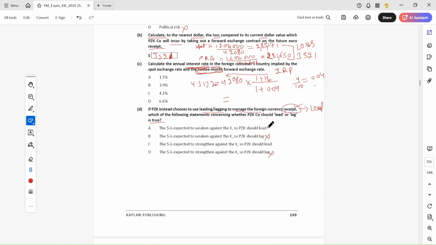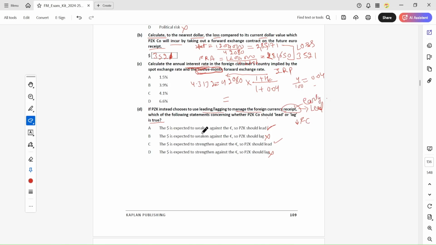Leading is okay. When the foreign currency depreciates, we try to receive our money in foreign currency as early as possible. We try to receive as early as possible.